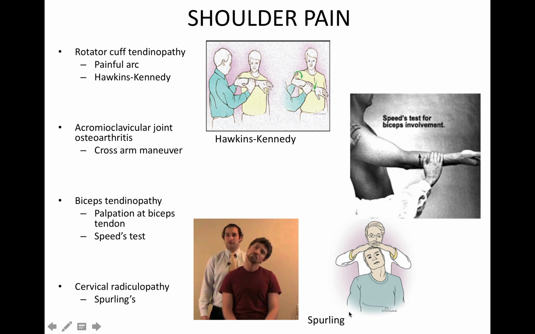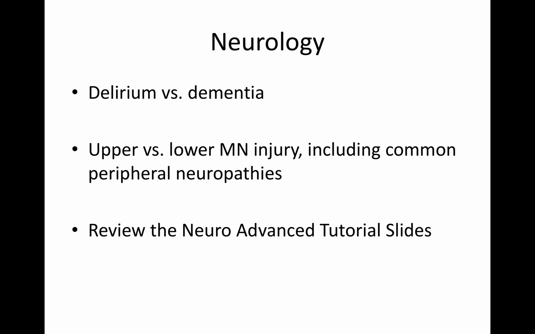That's because the patient is complaining of pain going down the right arm or the right neck, and you're trying to see if a nerve compression is causing it. This patient would be complaining of a left-sided pain in the arm, hand, or neck. Okay? And once again, you're going to be going over the details of this in your actual musculoskeletal advanced tutorial.